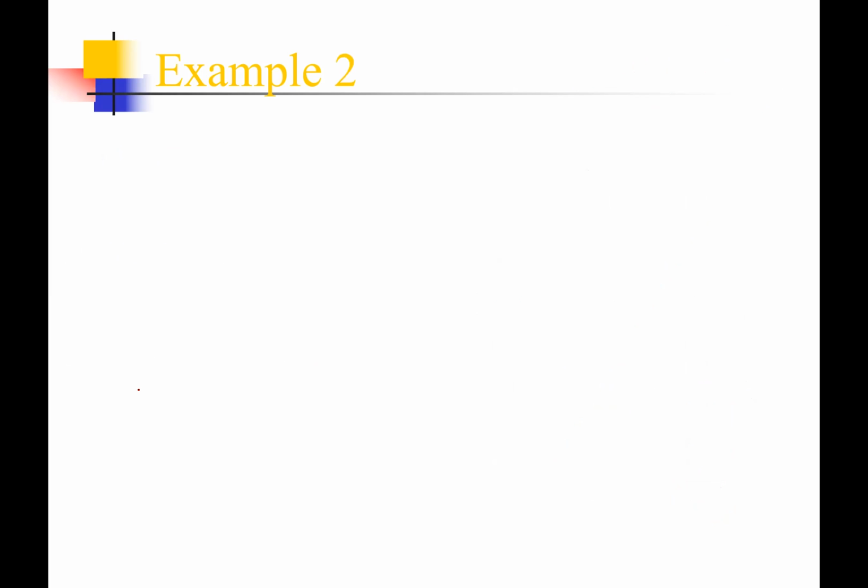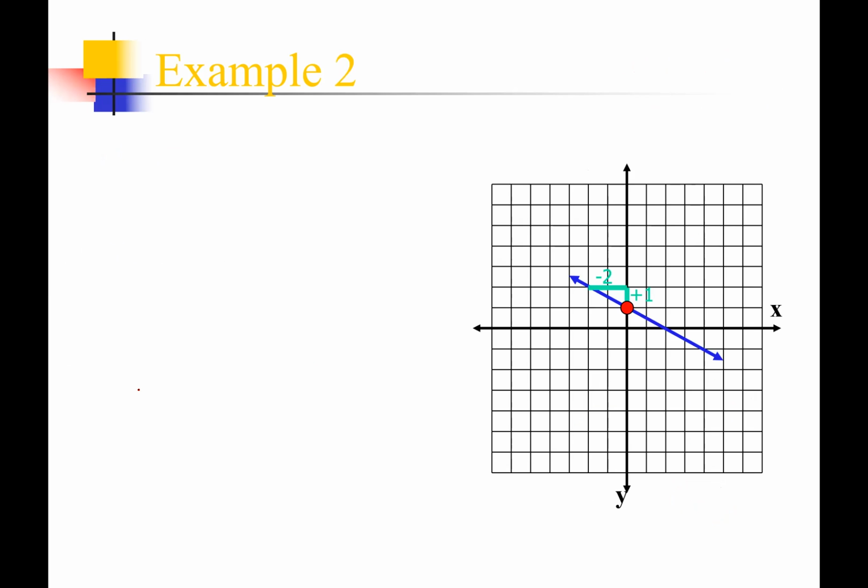Okay. Example 2, very similar, right? We are given the y-intercept here. So b is positive 1. And for the slope, you see, from this point to this point, it will go up 1 unit and go to the left 2 units. Go up 1 unit, rise over run.